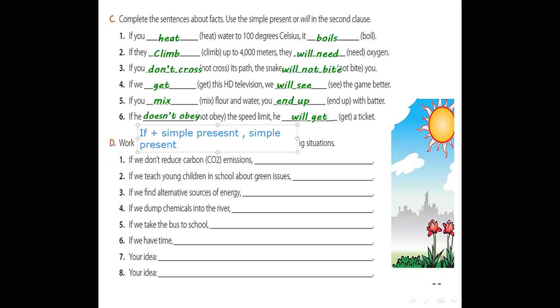Or we can use if plus simple present and future form, will plus base form. Is it easy, my dear students?